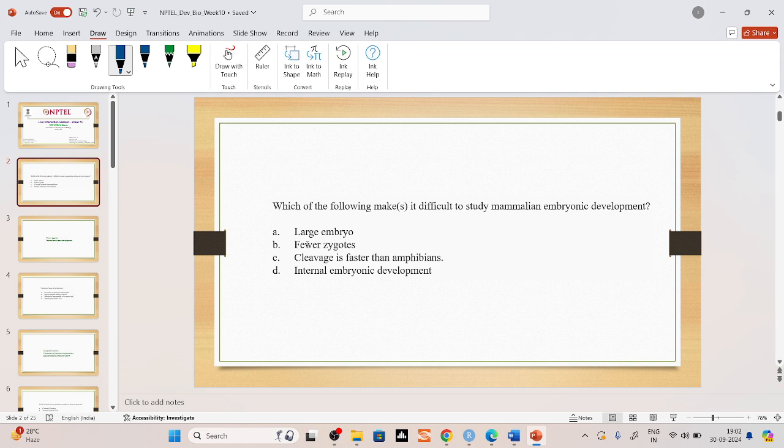Okay. So the first question is, which of the following makes it difficult to study the mammalian embryonic development? We have just studied this.